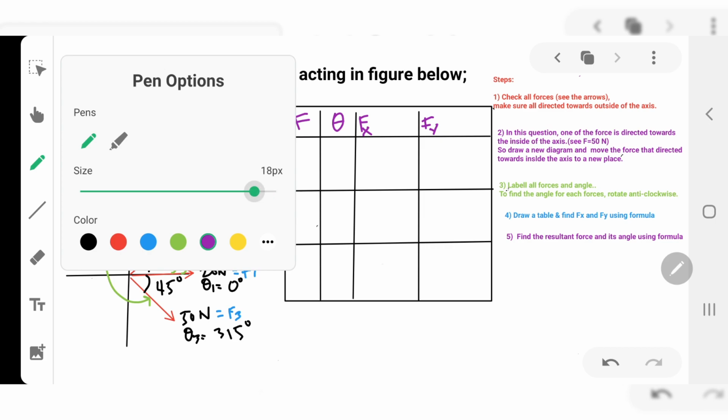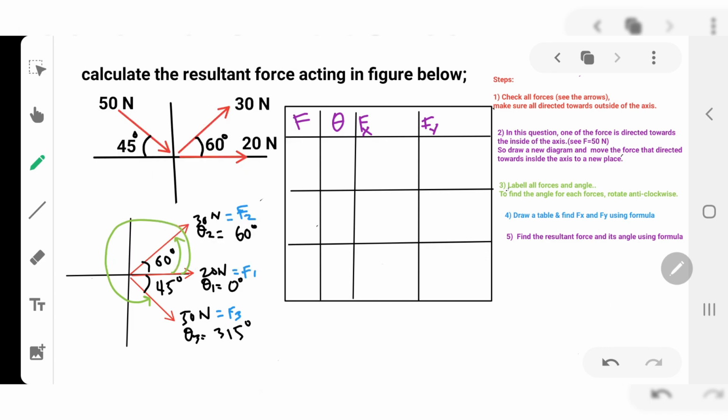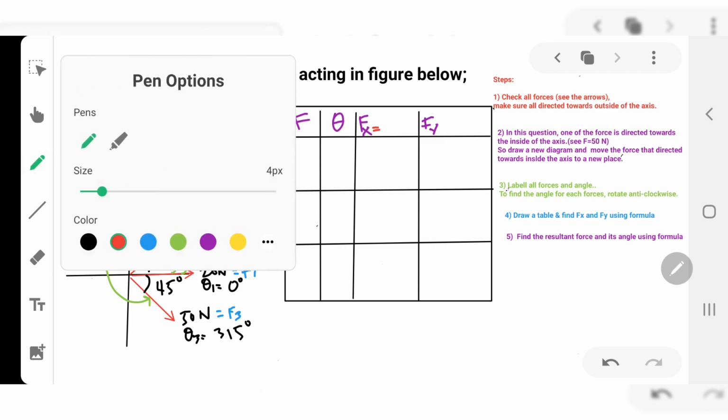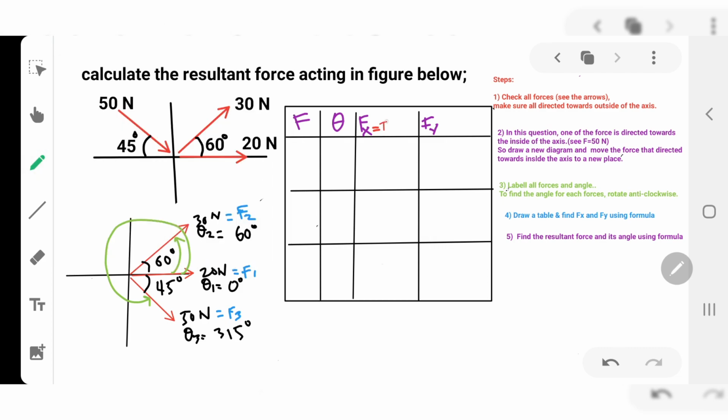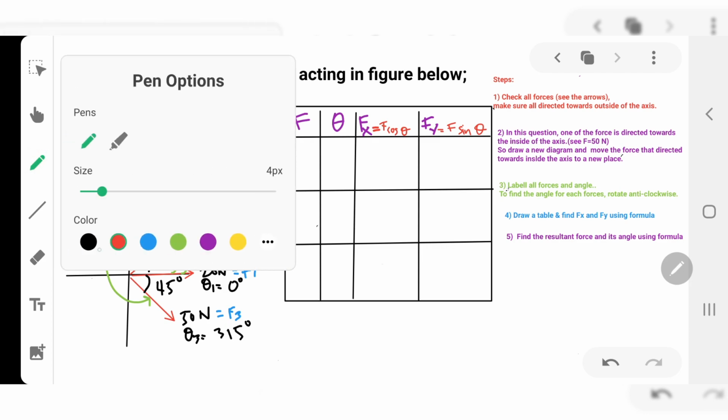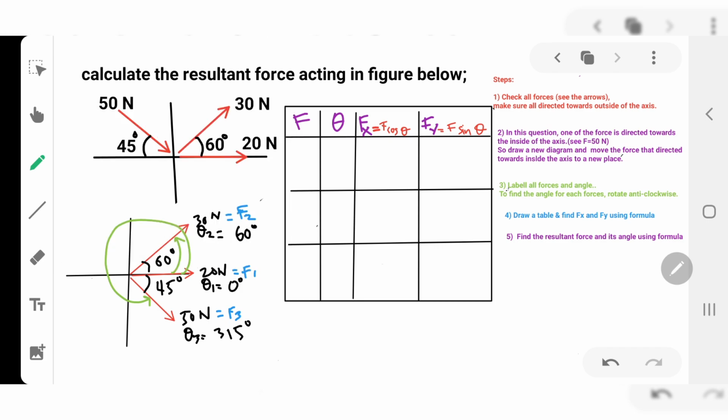Okay? So the formula to find the resolution of forces for Fx and Fy is given by Fx equal to F cos theta, and Fy is equal to F sin theta. Alright? Okay, so just put all the information into the table.